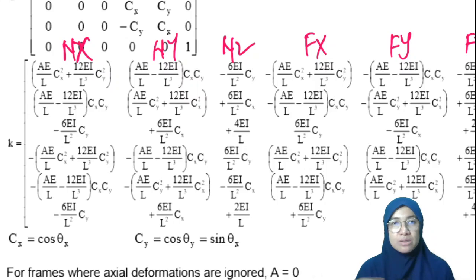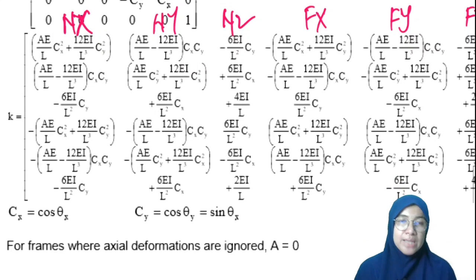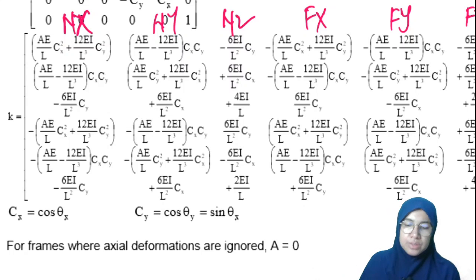However, please remember that in a frame, the displacement basically occurs due to the primary mode of deformation, which is the bending effect, meaning it is due to EI. So that is why you can see there is a statement down there: for a frame where axial deformation is ignored, A is equal to 0.